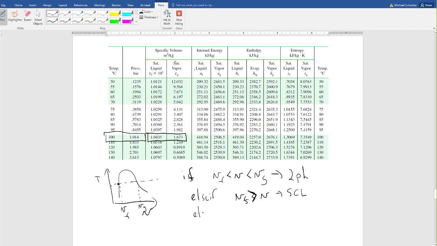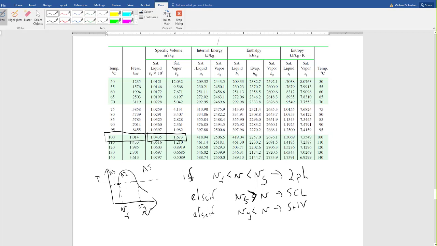And else, if vg is less than v, then this is a superheated vapor. So if my v is bigger than vg, then I'm over here. This would be table A3. Under here, because we know the temperature, I think this one is A2, but it could be A3, and this one would be A5, I think. Maybe this was A4.